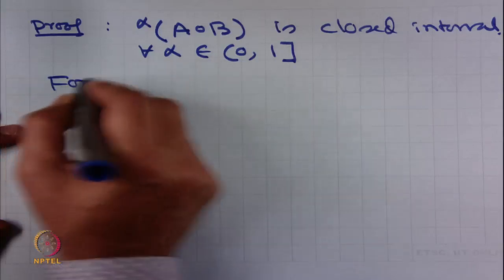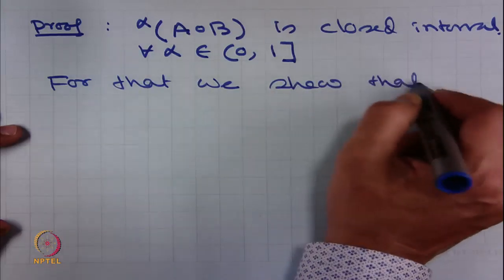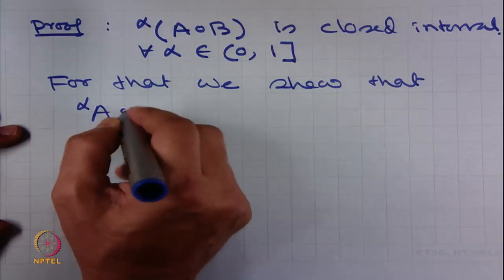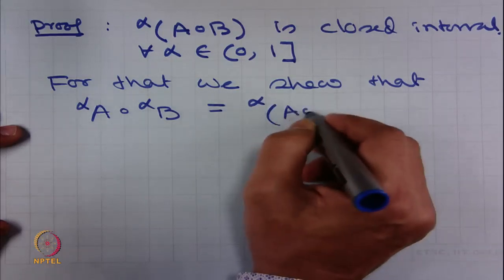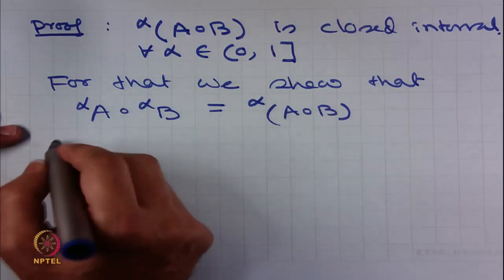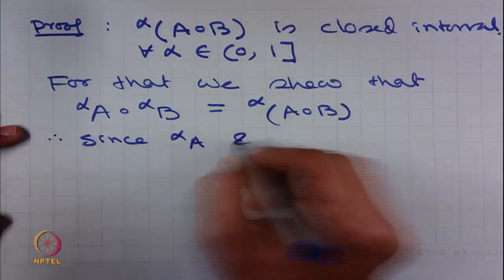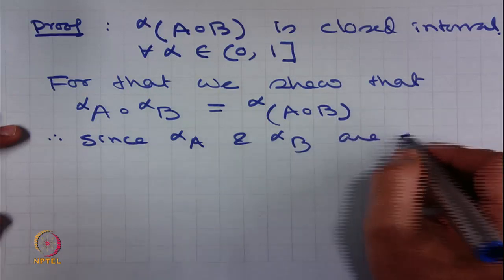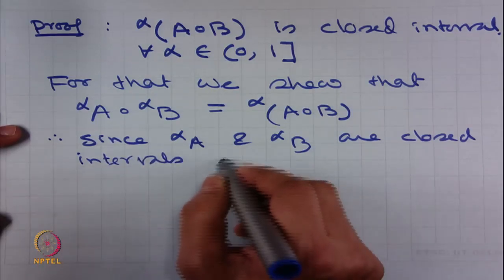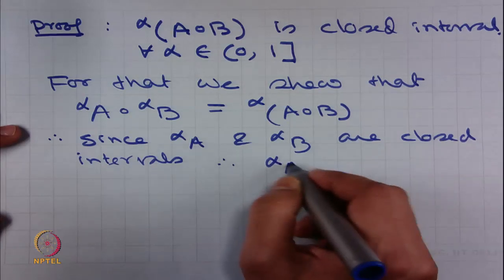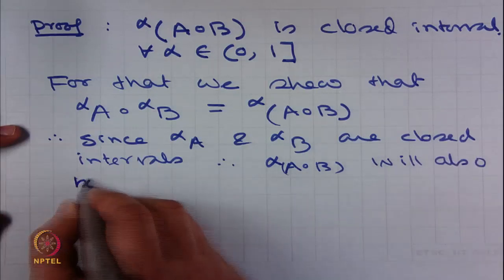For that, we show that the alpha cut of A * the alpha cut of B is equal to the alpha cut of A * B, and therefore, since the alpha cut of A and the alpha cut of B are closed intervals, the alpha cut of A * B will also be a closed interval.